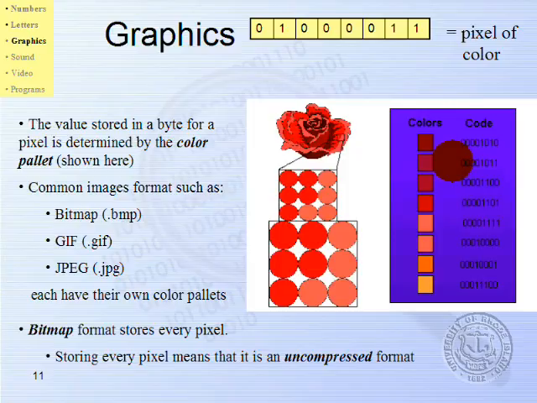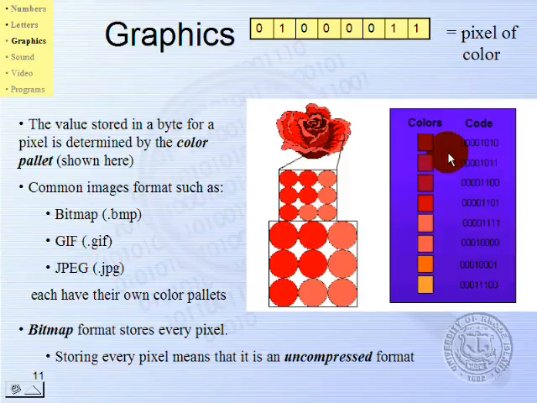The value that it stores in the bytes for each pixel it sees is determined by something called a color palette. So here, again, we see the picture of the rose, and that a little part of it is represented by picture elements, and the format that the picture gets stored in, such as bitmap, GIF, or JPEG, the standard format comes with a color palette saying what byte pattern to put for what color.